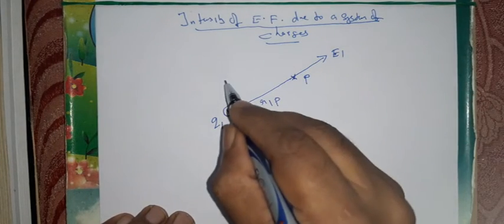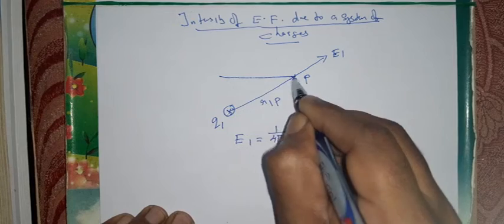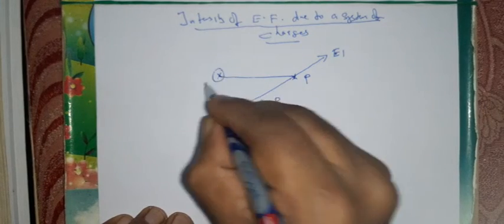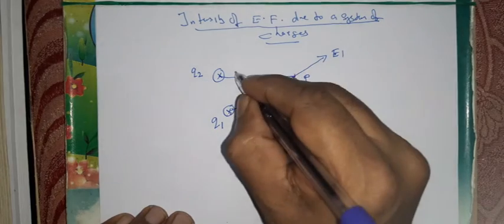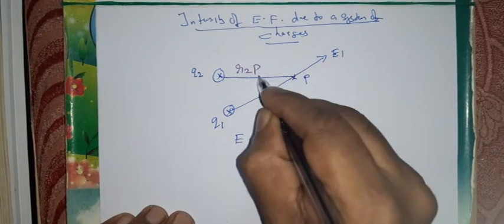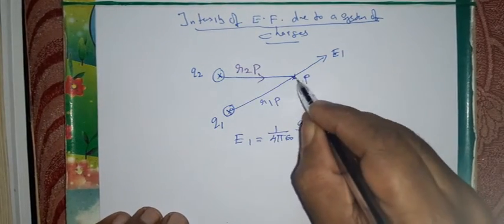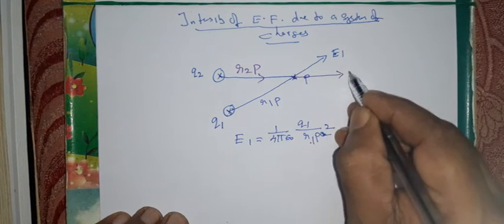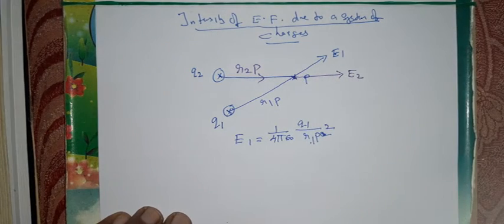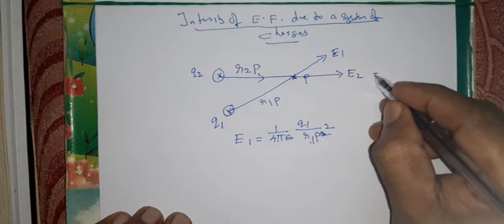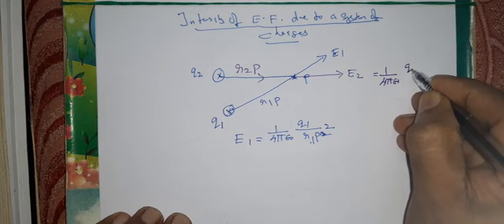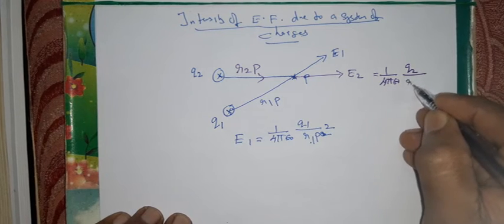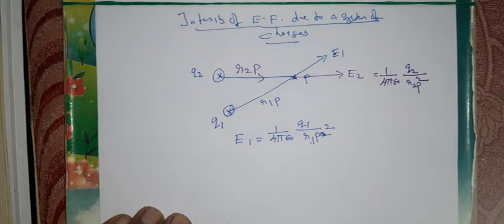Then you can take another charge Q2 at a distance R2P from the point. Then the intensity of the electric field is directed like this, E2. Then what is the value of E2? E2 is equal to 1 by 4 pi epsilon 0 into Q2 by R2P square.